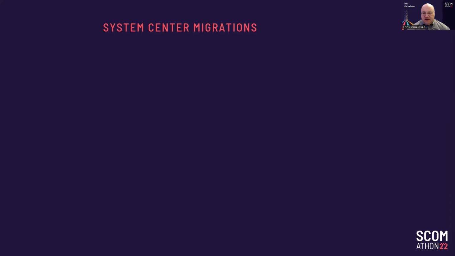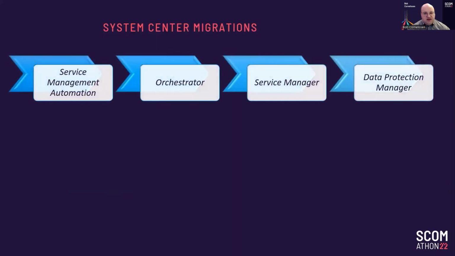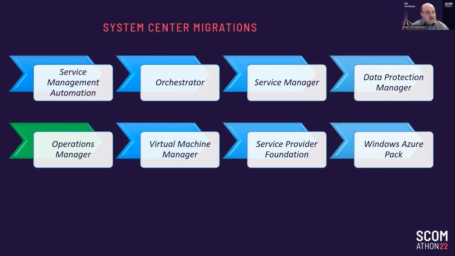Now, while thinking about upgrading System Center components, we do have to first consider if we are using multiple products in the suite. If we do, we are looking at this order of upgrading if possible. And as you can see, SCOM is about in the middle of that story.